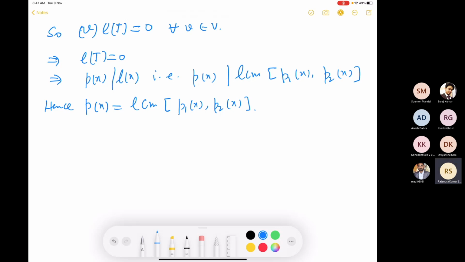You can extend this as a corollary to more.